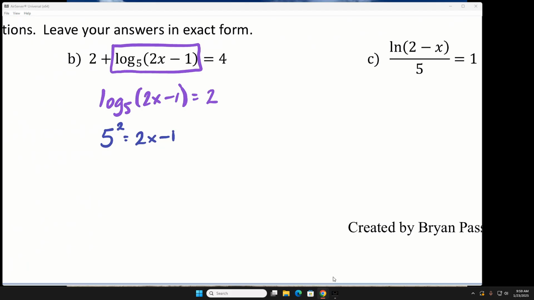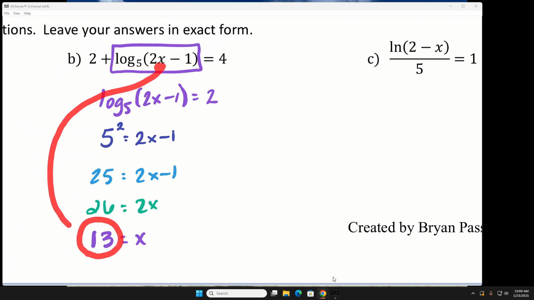And then take a couple of steps and solve it for x. So I should be able to take the 3, put it there, do all the stuff, and end up with 4.